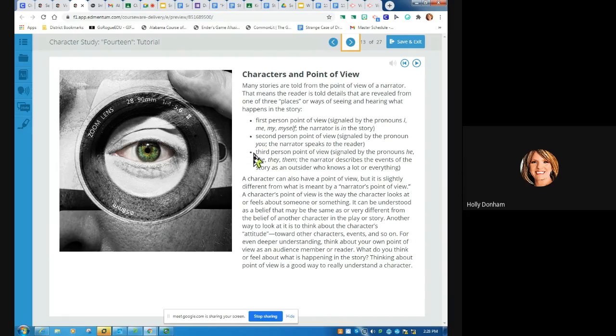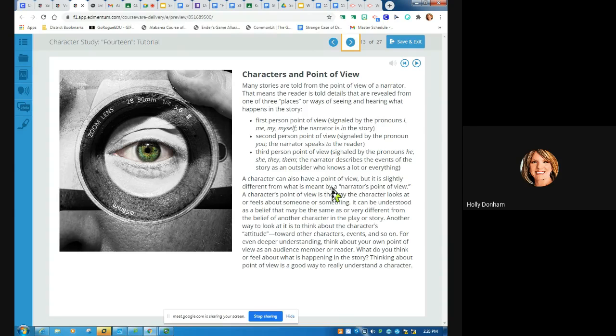Okay? And then third person in a drama is when the narrator is describing the events as an outsider. They are not a part of the action, but they do know a lot about what's going on. They're just not a part of the story. They're not in the action.